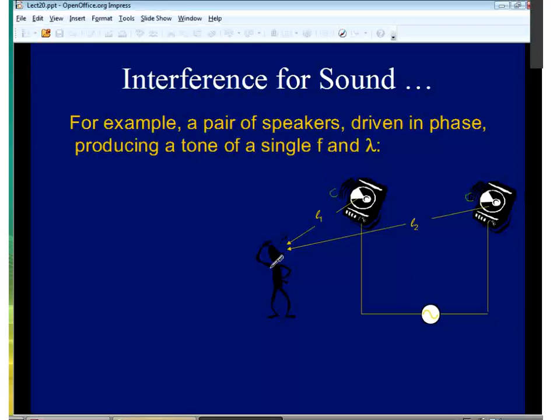Superposition will always work. Some mixture of all will be heard. But if you have fixed certain distances, then let that fellow be exactly there. So this is called path difference, L2 minus L1.